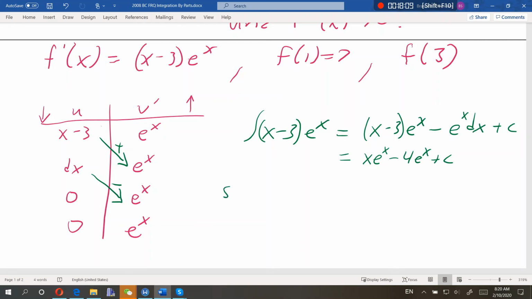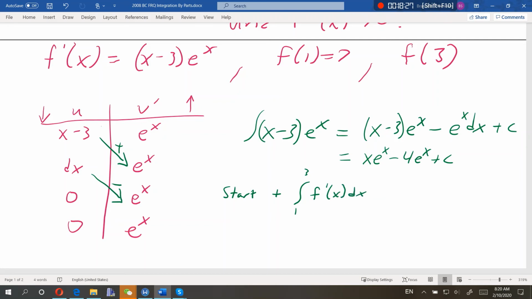I'm going to take my start point and add the integral, so how much we changed, from 1 to 3 of f prime x dx.